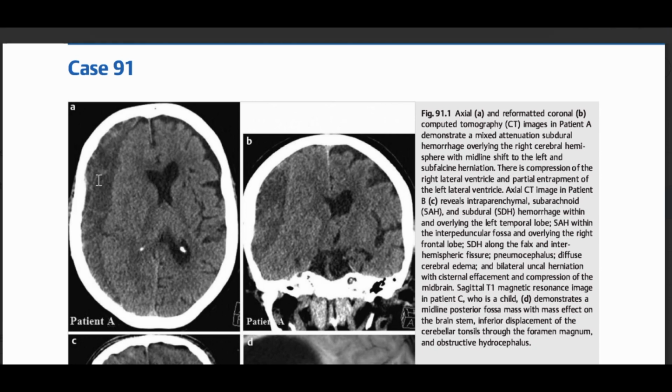So on the same side as the subdural hemorrhage, there is ipsilateral compression of the right lateral ventricle and contralateral dilatation of the left lateral ventricle due to entrapment.